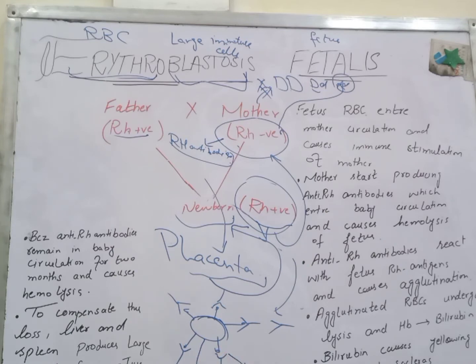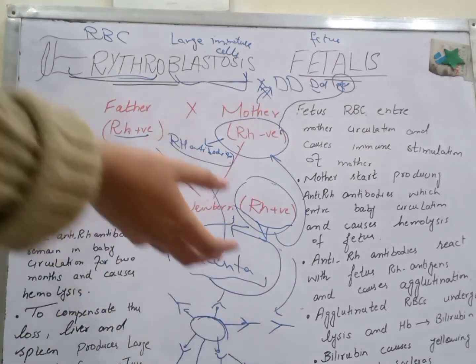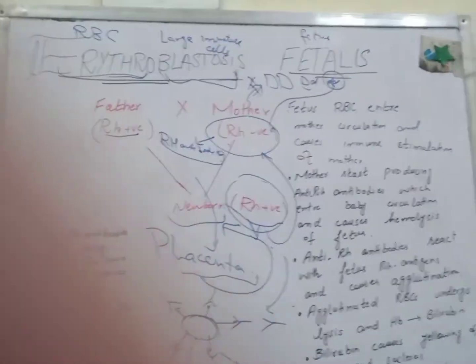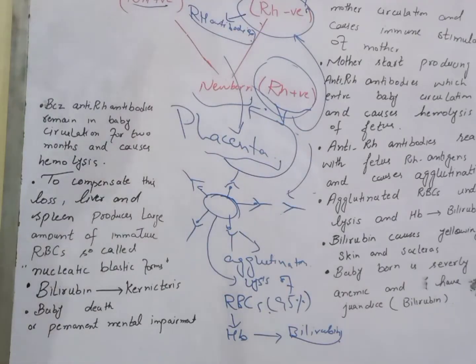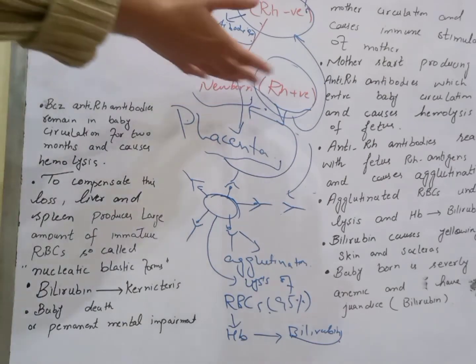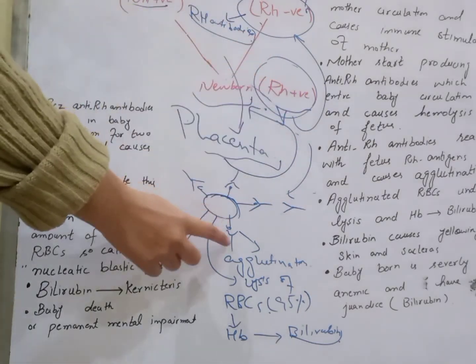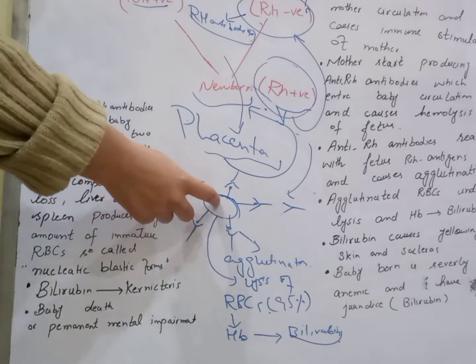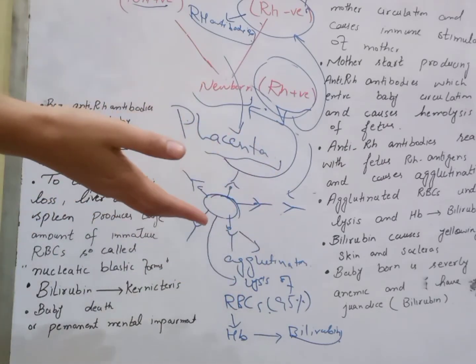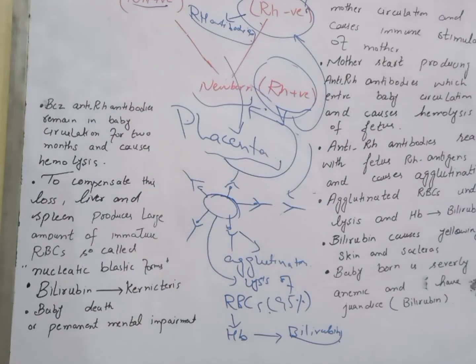These maternal antibodies circulate in the baby's circulation for about 2 months after birth. What will these antibodies do? They will stimulate further hemolysis, obviously, because antibodies are circulating in the baby, which is Rh positive. Again, these antibodies will agglutinate the RBCs and continue the lysis of RBCs and cause bilirubin accumulation.